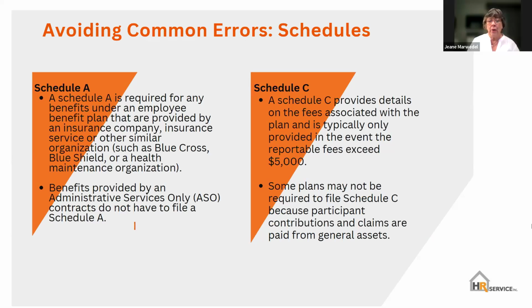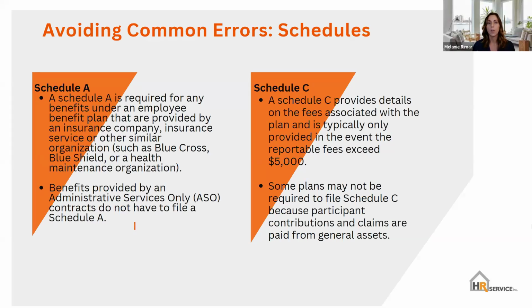I have a question. What happens if a carrier doesn't send you a Schedule A? This does happen. So we would file what I call a ghost schedule. We would include a Schedule A on your 5500 with the carrier's name. And then at the end of the Schedule A, there's a section that says, did the insurance carrier provide all the information?